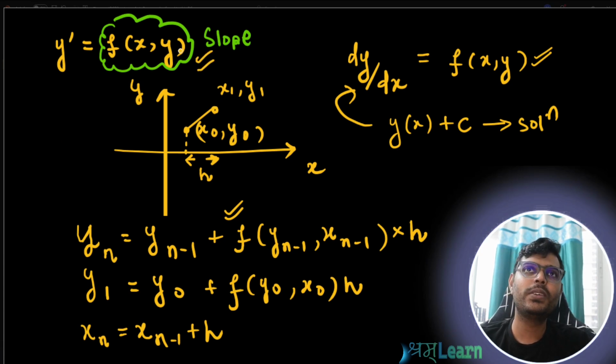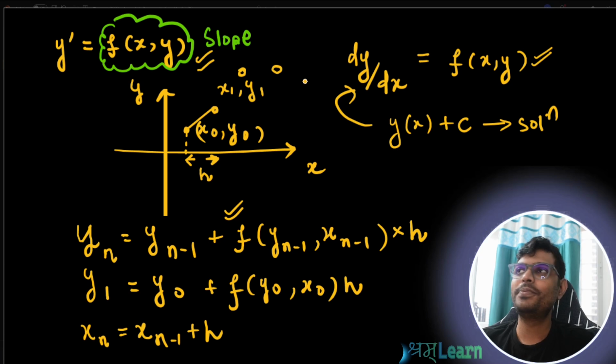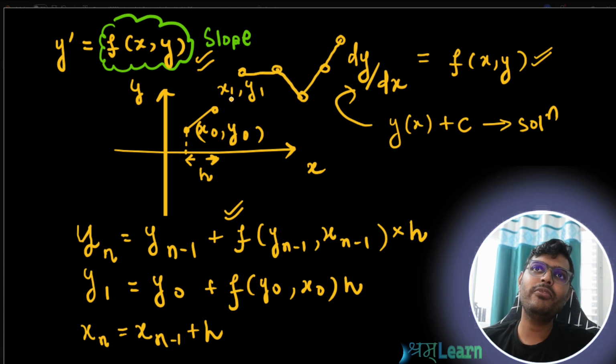This is the slope. f of x comma y is given, and then we use the slope information to get the next point. Then we get the next point, and the next point. So we are basically seeing how much the function y is changing, and then we are plotting this curve. That is how we are going to find the solution.